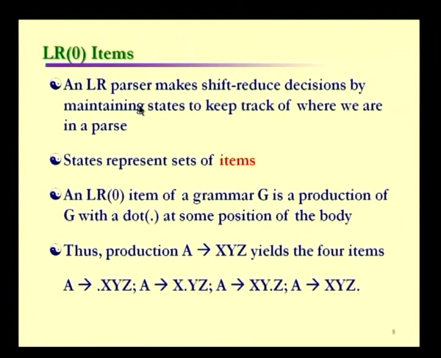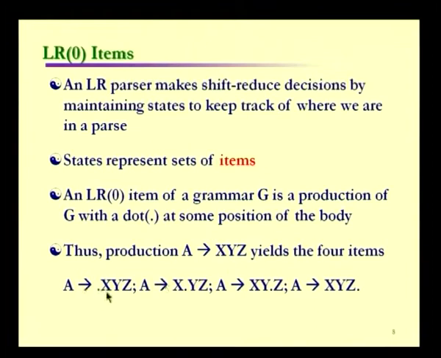These LR(0) items are available in the various states of the transition diagram, or the parsing table. Now, an LR(0) item of a grammar is a production with a dot at some position in the body of the production. For example, if you have A derives XYZ as a production, there are 4 possible items.